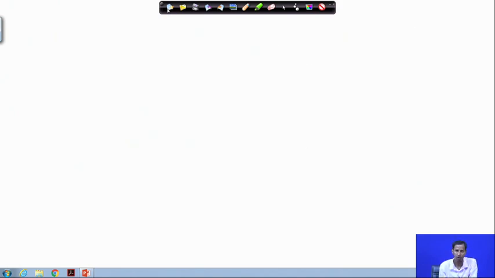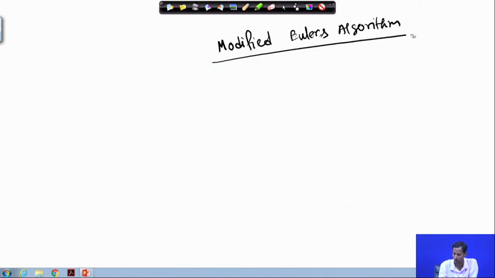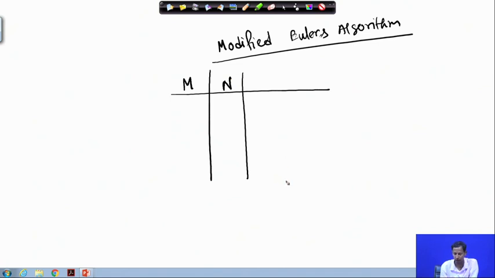According to the modified Euler's algorithm, whenever I am having two numbers m and n, when m is even and n is also even, at that time m will be m by 2, n will be n by 2. This is the input.